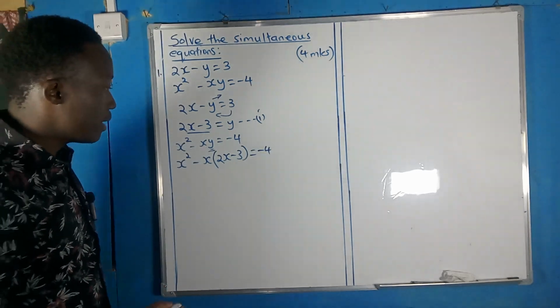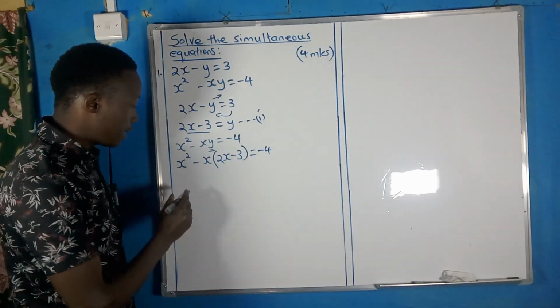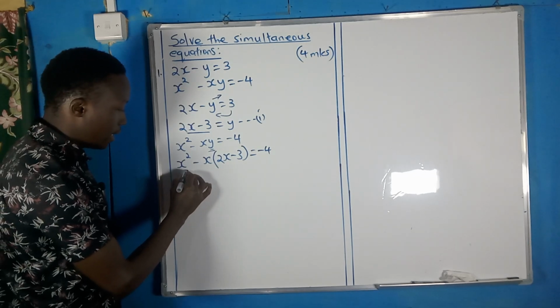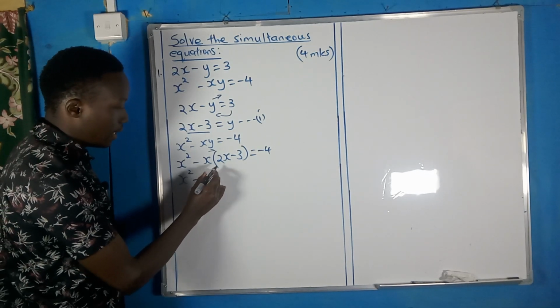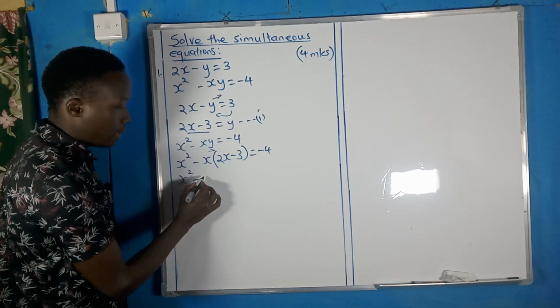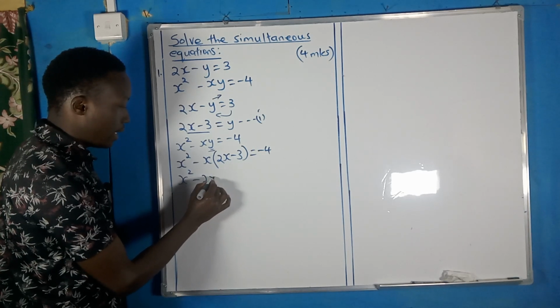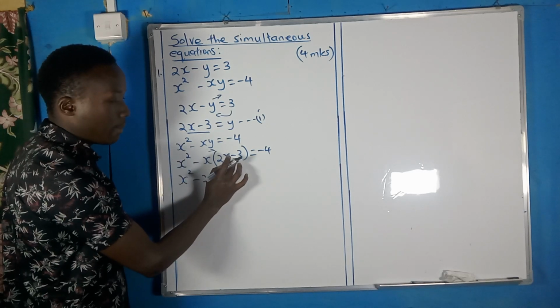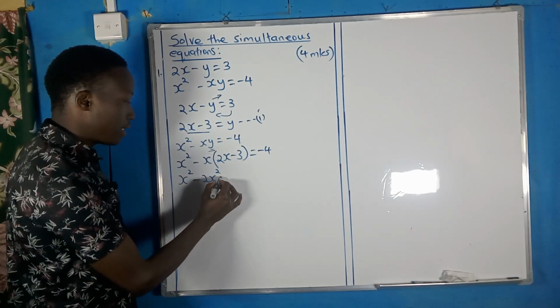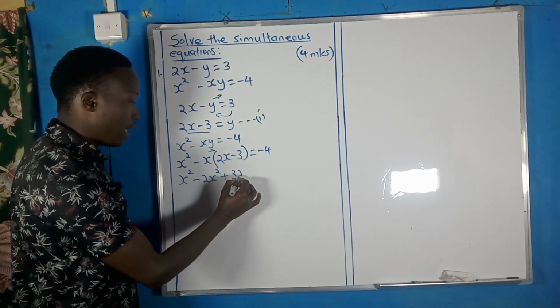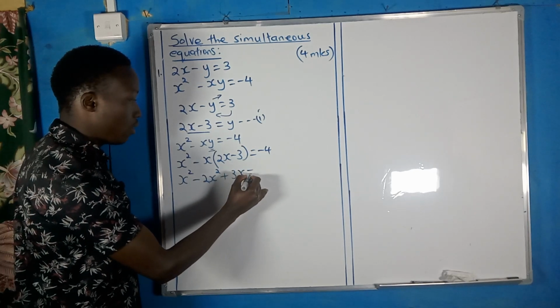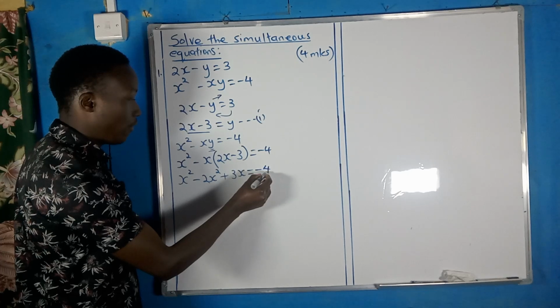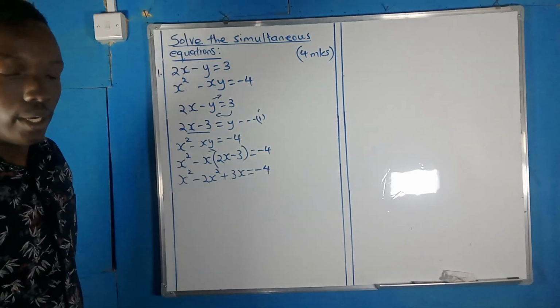So having that, we are going to open our brackets. x squared minus 2x times x will be 2x squared, minus x multiplied by minus 3, that will give us plus 3x is equal to negative 4.